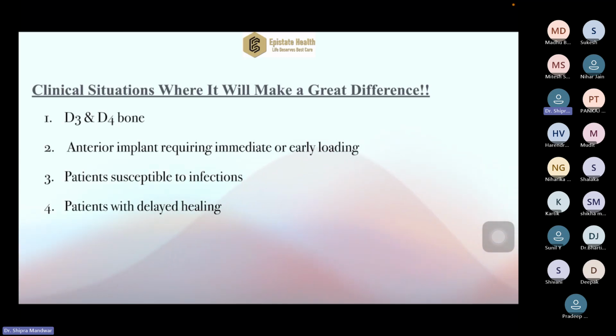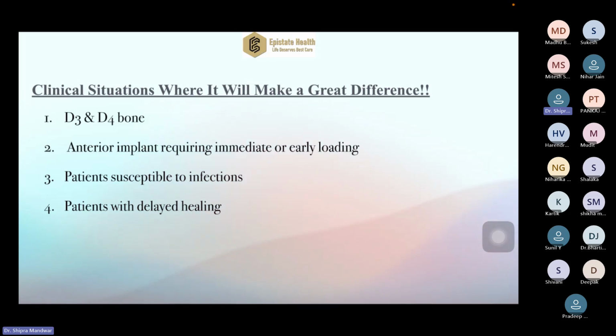These are some clinical situations where it will make a great difference, though it will make a difference in each and every implant case. These are some selected scenarios where it will really improve outcomes, like in D3 and D4 bone, where the bone quality is deteriorated.